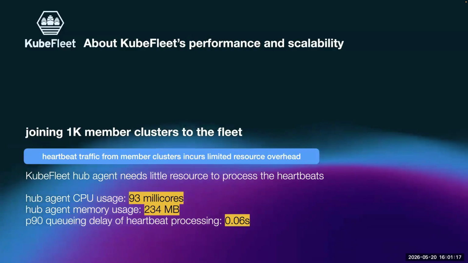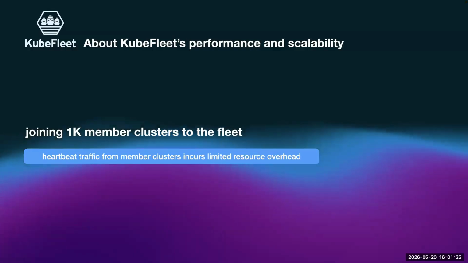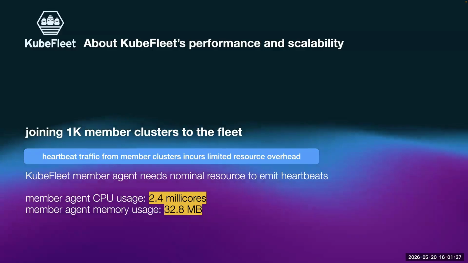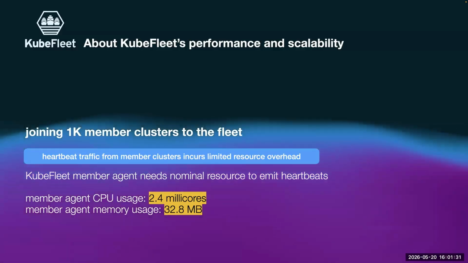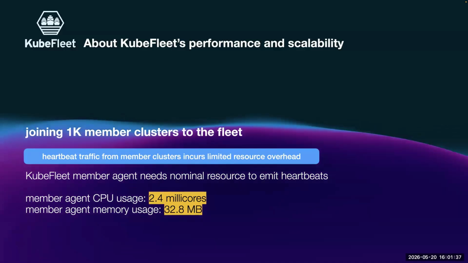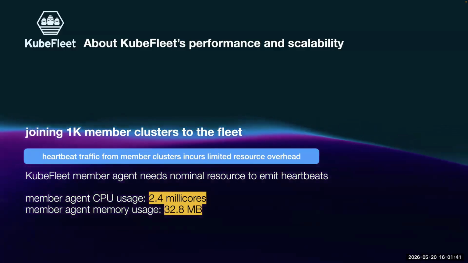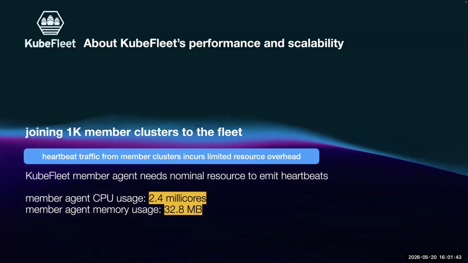The P90 delay time was less than 0.1 second, which is pretty fast. On the member cluster side, it also takes nominal resources to emit all those heartbeat signals. The member agent CPU usage was less than 10 millicores, and it uses only a little bit more than 30 megabytes of memory. So the footprint is pretty small.